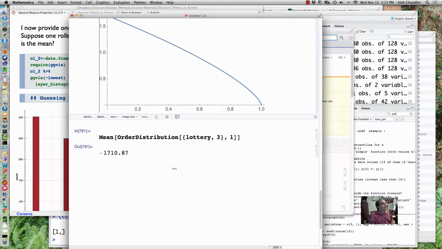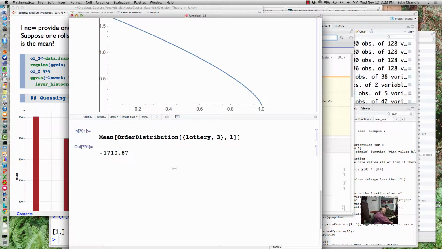Okay. And I'll tell you the other virtue of order distributions. If I go up to someone and say, your spectral measure in thinking about risk is the PDF of a beta distribution whose first parameter is 1 and the second parameter is 3, many people, perhaps most, would give you a blank stare.